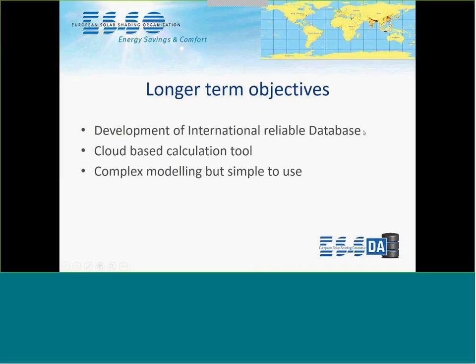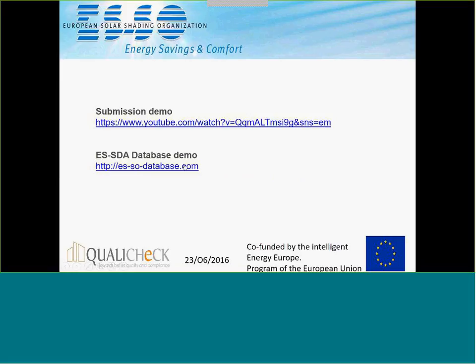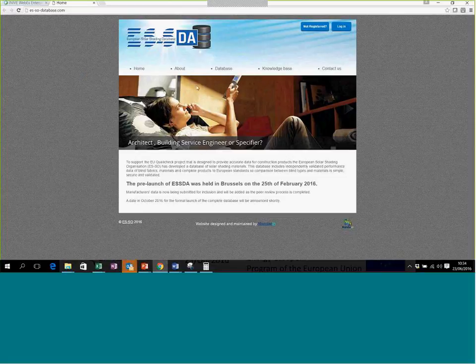On longer term, we also have the purpose to connect with the United States, with Australia, to really come to an international reliable database, because they are already interested in it, and we want to go for more complex modeling connected to it, because indeed shading is dynamic, and the first start of it is the reliable data of the shading itself.